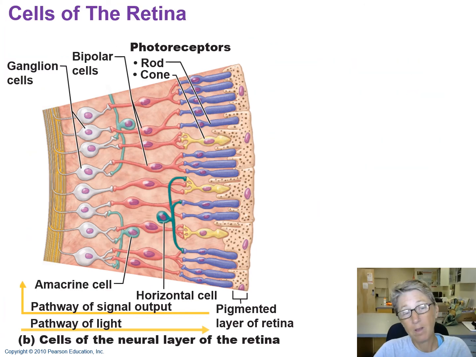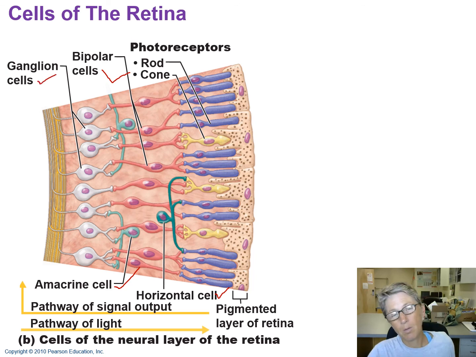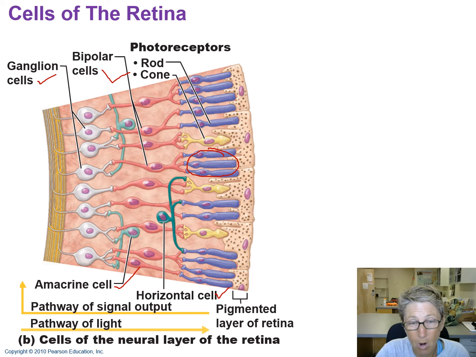So here's the names of the other cells that participate in the retina. There's bipolar cells, there's this amacrine cell, there's a horizontal cell, and then there's the ganglion cells. And mostly what we're going to talk about when we talk about signal transduction or stimulus transduction, we'll talk about the rods and cones here. So here's some rods synapsing with bipolar cells.